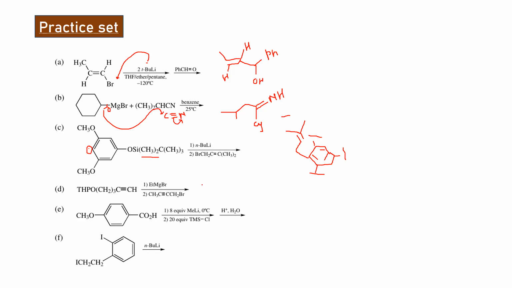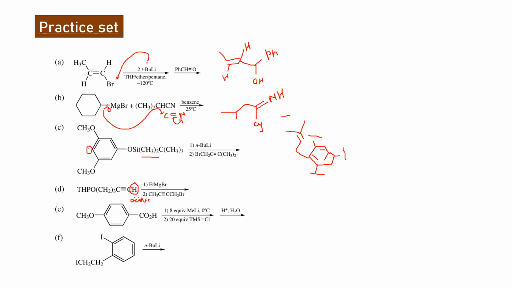Okay. In the next question, if EtMgBr is added to this type of alkyne species, we know this type of hydrogen is highly acidic. These alkynyl hydrogens are highly acidic because they are sp hybridized, and sp carbons, due to high s character, are highly electronegative, which enhances the acidity of this proton.